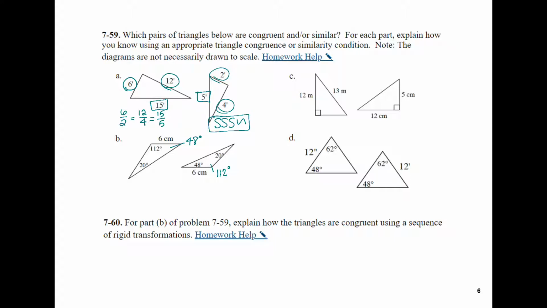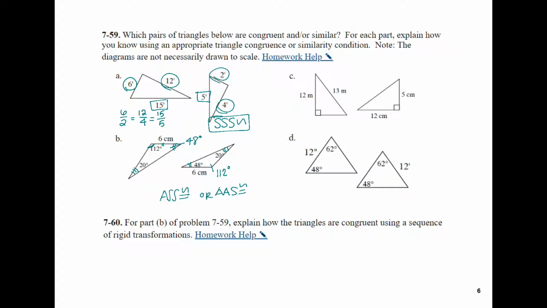So looking at those two triangles, I can tell either by angle-side-angle, that these two triangles are congruent, or I could also tell by angle-angle-side that these two triangles are congruent.